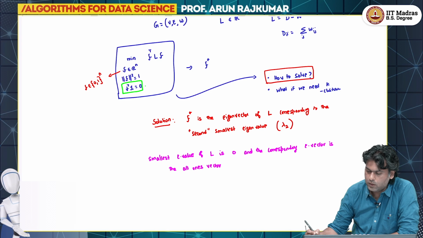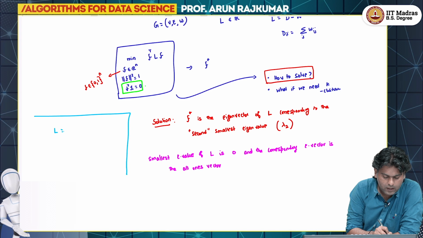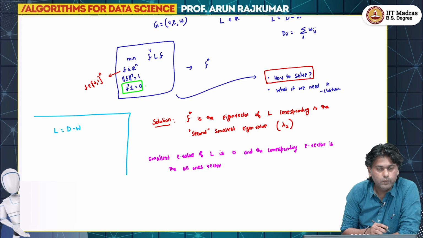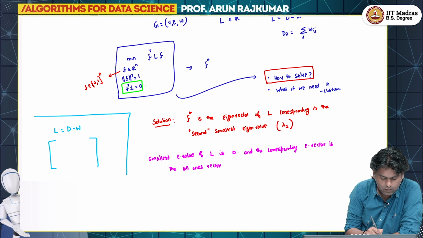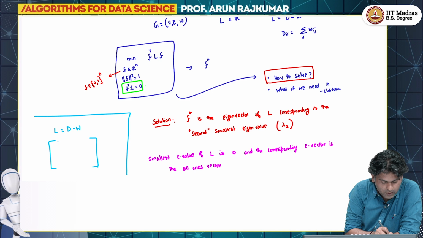Well, why is this true? It is not too hard to see. What is L? L equals D minus W. If I write L as an n cross n matrix and look at the first row of L, the (1,1) entry is just the sum over j of W_1j, and then there is a minus W_12, minus W_13, till minus W_1n.